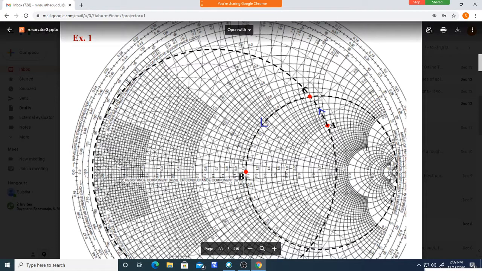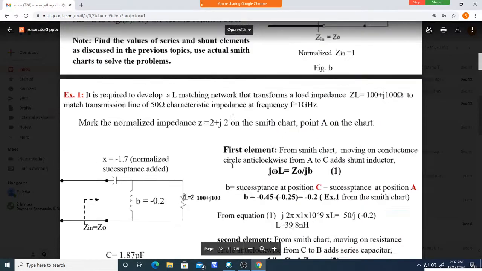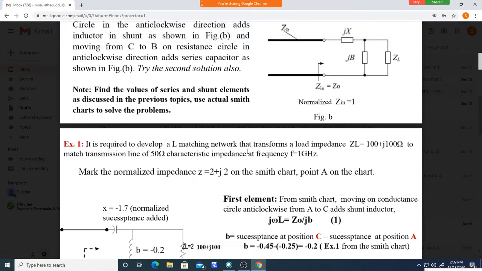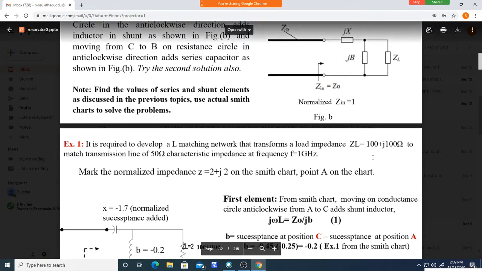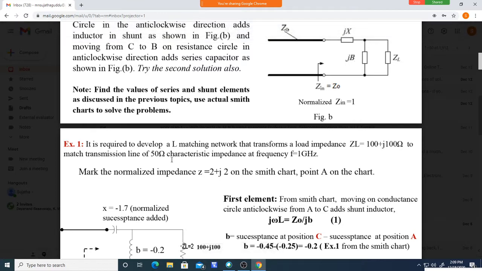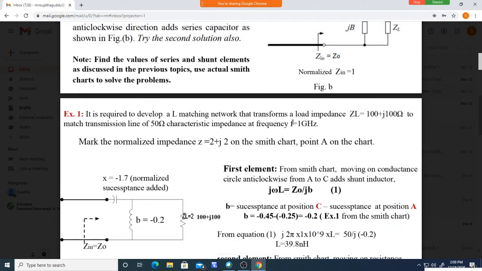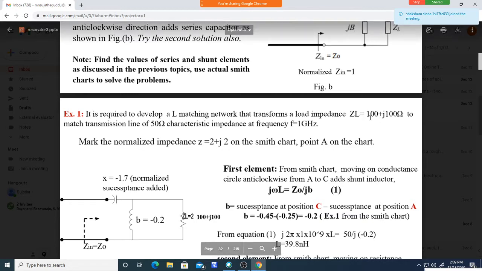After marking the impedance, the question is like this. It is required to develop an L matching network that transforms a load impedance ZL equal to 100 plus j100 to match a transmission line of 50 ohm characteristic impedance at a frequency of 1 gigahertz. They have specified a frequency. At one frequency, we need impedance matching and a load is given.